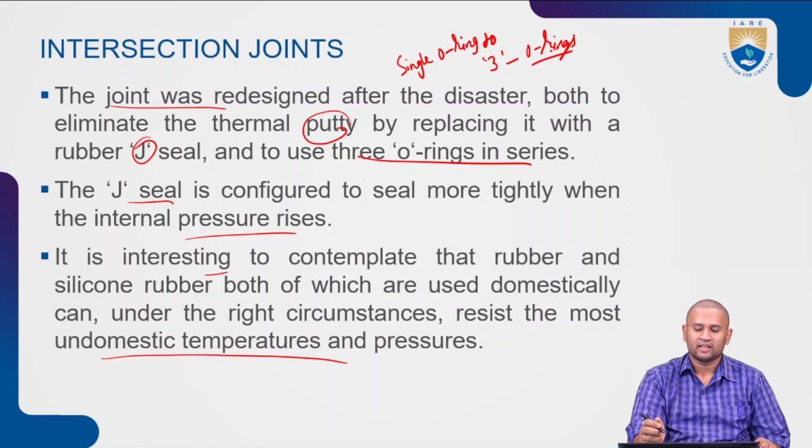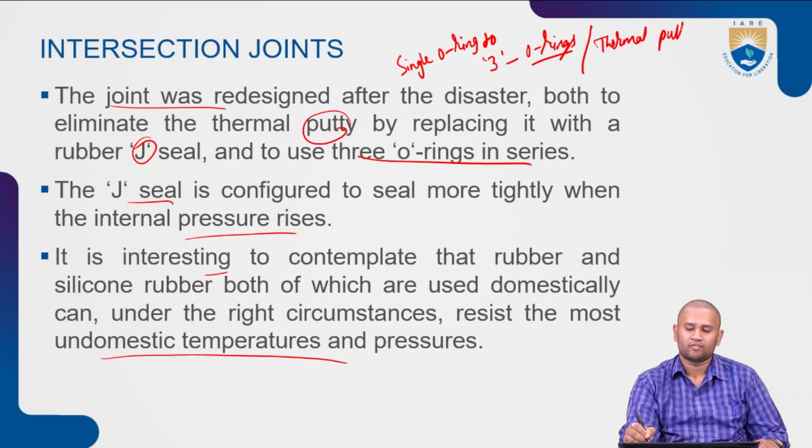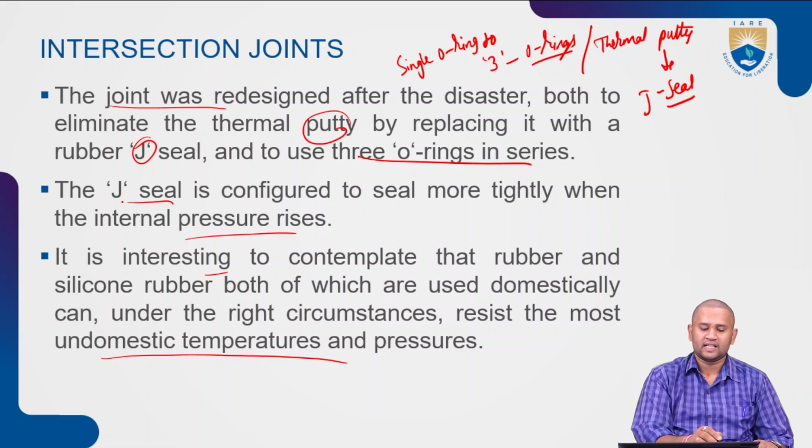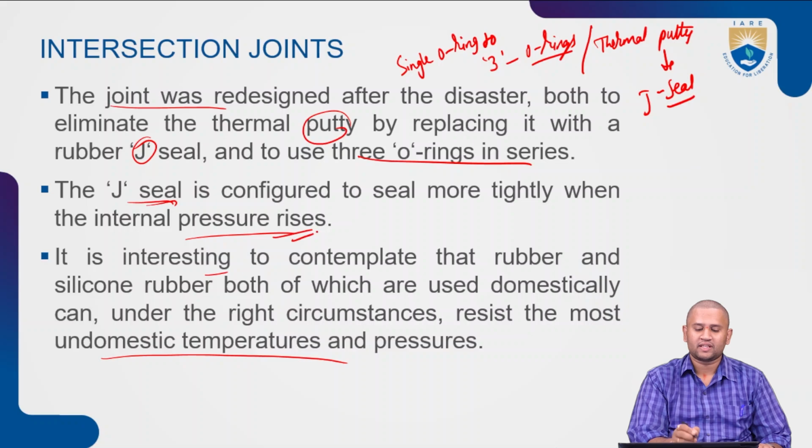as well as changing the thermal putty with a J seal. What happens to the J seal? Basically, the J seal is configured to seal more tightly when the internal pressure rises.